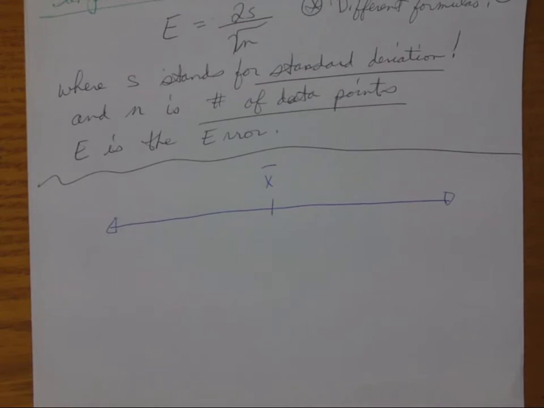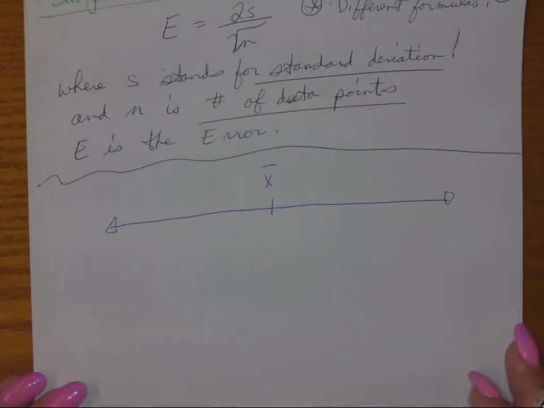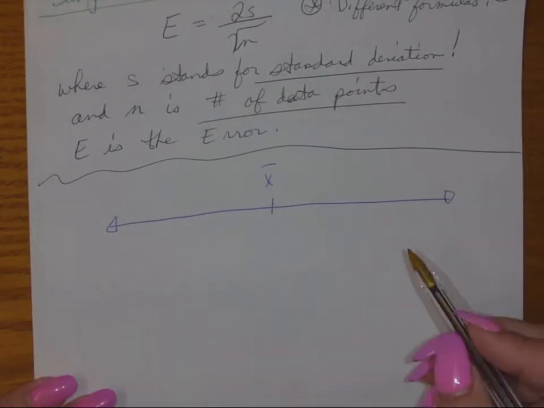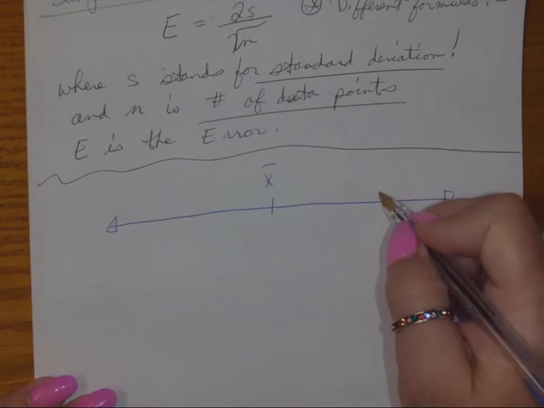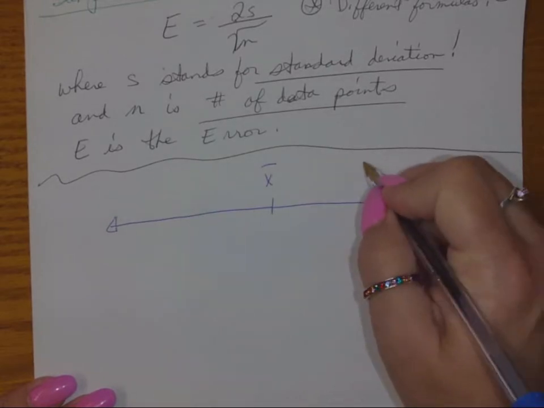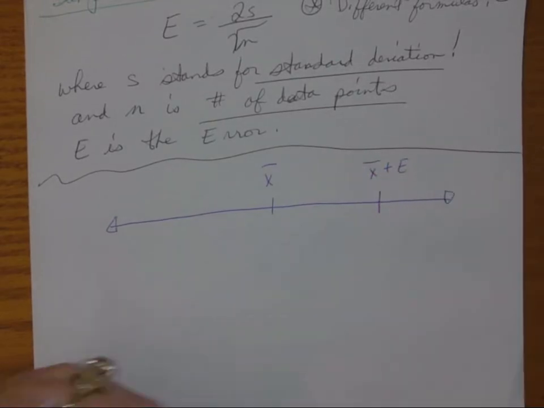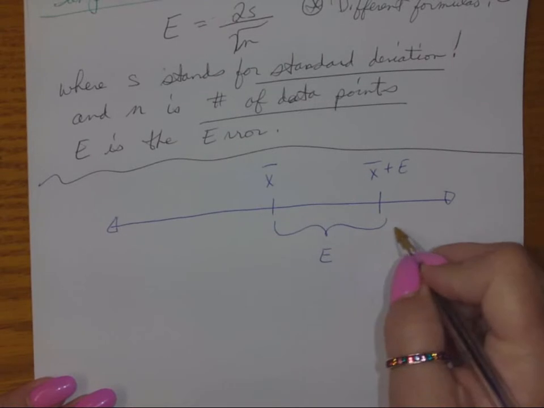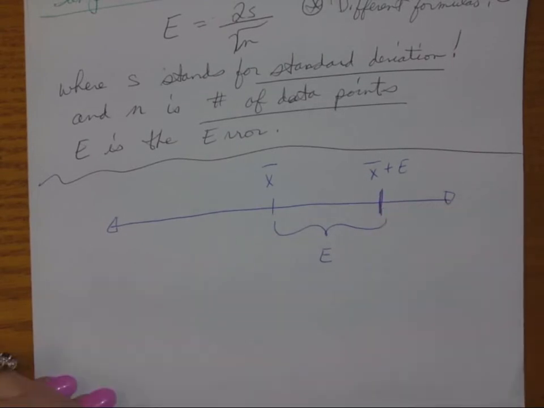And we want to construct a confidence interval, okay? Then we're going to do what we did at the beginning of the semester. So we already have experience with this. We're going to add X bar plus the E, okay? So that this gap in between here is however big my error is. Okay, and that error tells me how far off I think the sample is from the population.